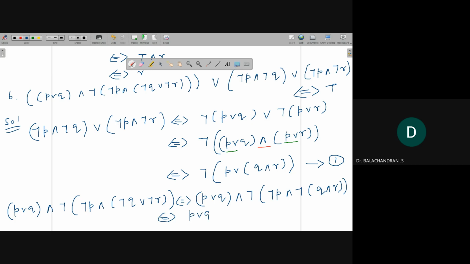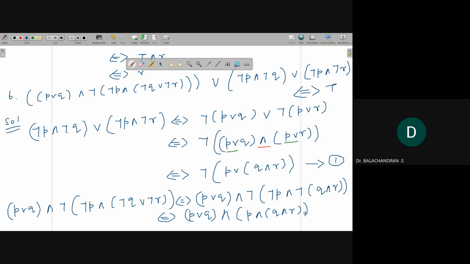(P or Q). If you apply again De Morgan's law, if you take again negation common, negation of negation gets cancelled. You'll get what? P and Q and R. Close the bracket.